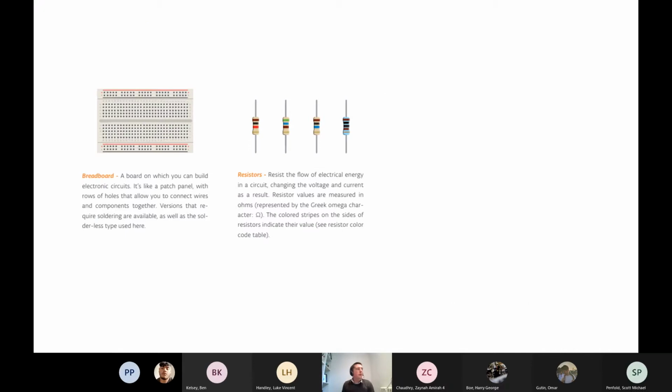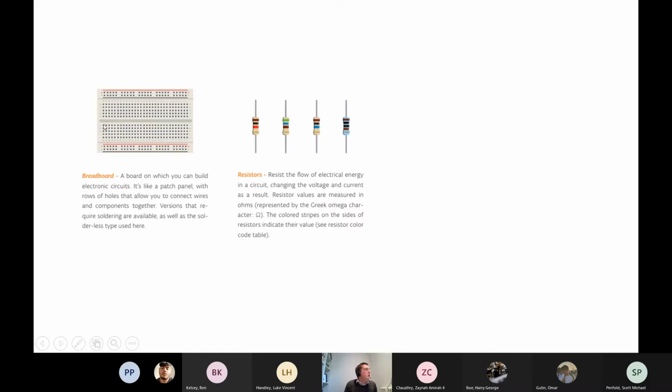So just looking at some of the things that we're going to work with, the breadboard, it's worth just thinking quickly here. The breadboard is a piece of plastic with a whole load of holes in it for putting components and resistors and wires into, and then some of these holes that you see are connected up.